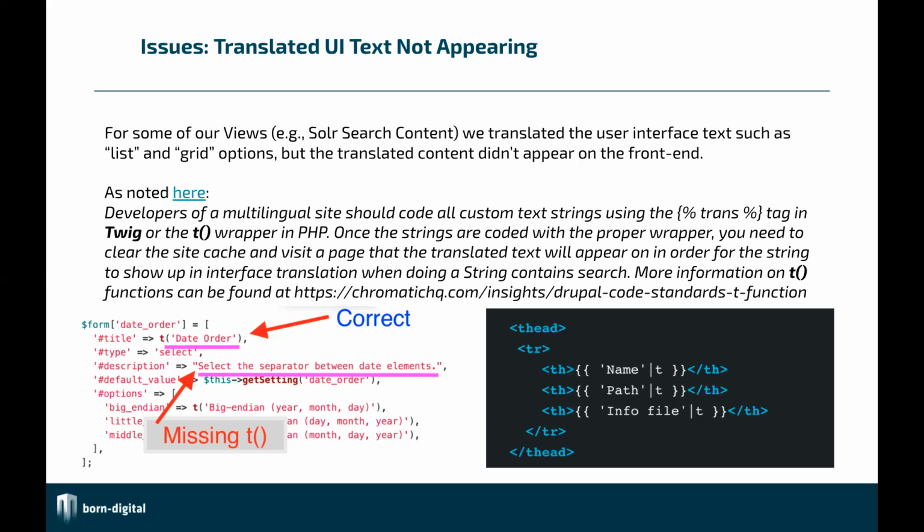But really what it boils down to is everything gets wrapped in a trans reference within your Twig. This also applies whenever you're programming and writing it in code, you're just going to wrap it in a t function, like I have referenced here in these images. This kind of fixes it. Once it's wrapped in a translate function, which is kind of misleading, the word translate there isn't a reference to language translation.